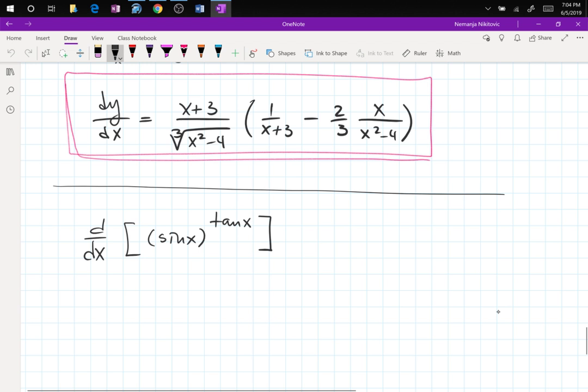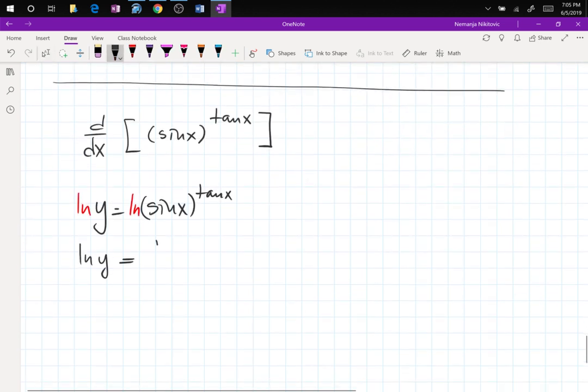Do we all have the same? ln sin x. And now I have a product rule here.